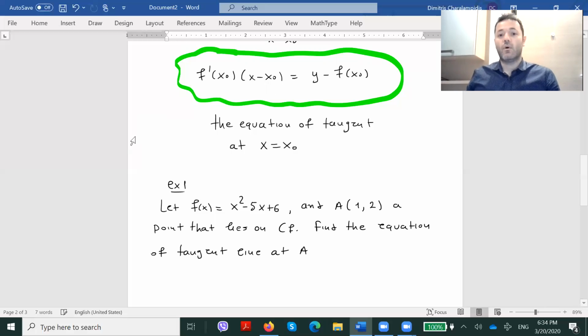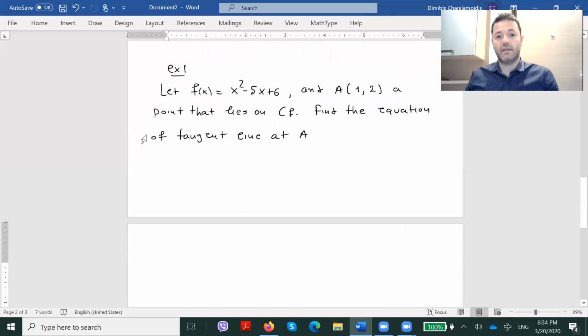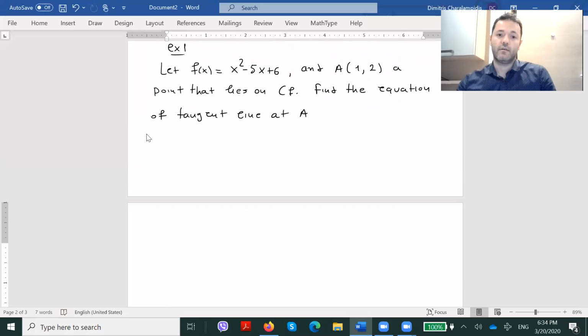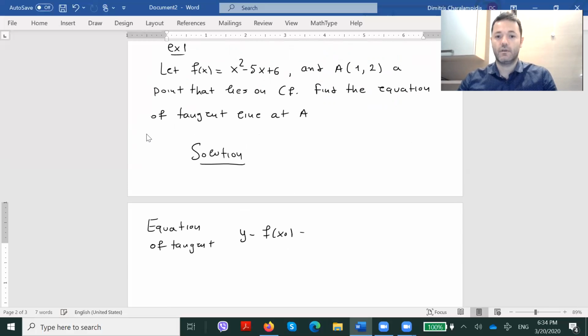So all we have to do in this case is start with the formula. Equation of tangent: y minus f of x0 equals f prime of x0 times x minus x0.